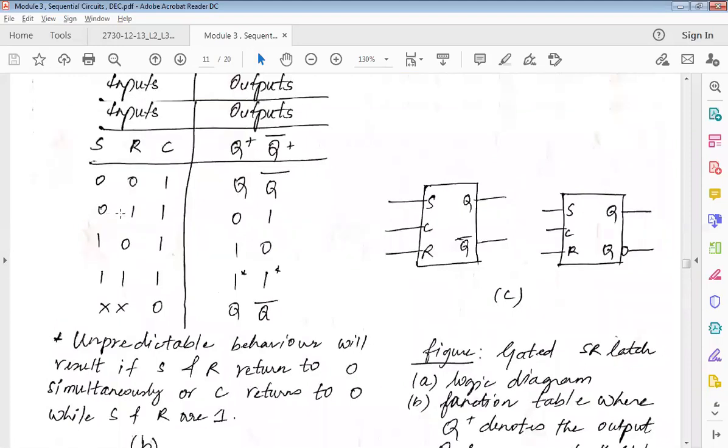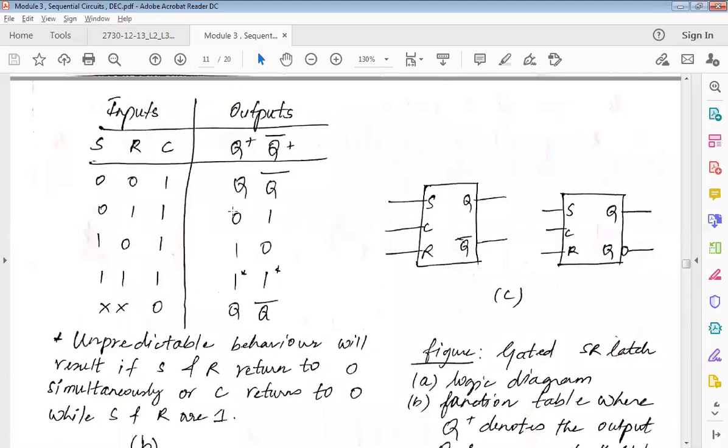So when S is 0, Q is 0. When S is 1, Q is 1. When S is 1 and R is 1, then we get a toggling state. So which means the output is actually following your S, isn't it? When it is 0, it is 0. When it is 1, it is 1.